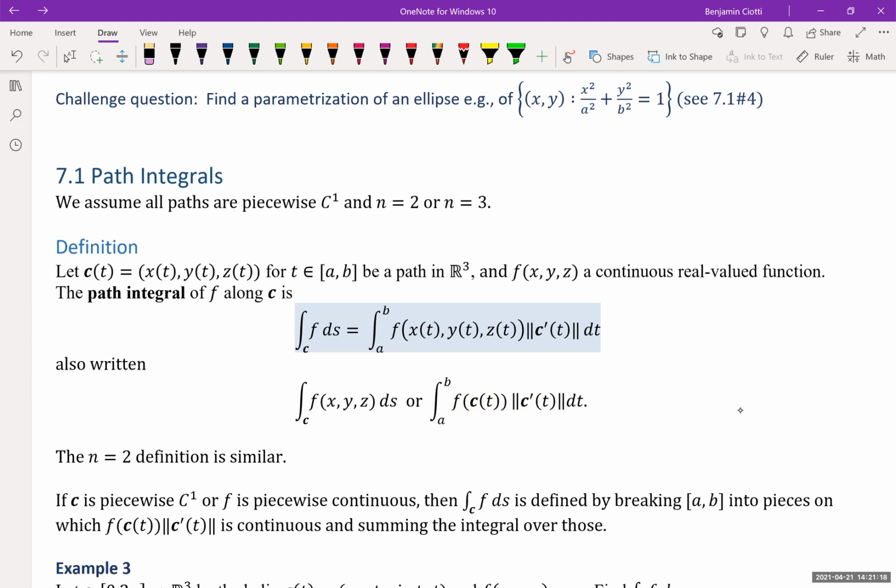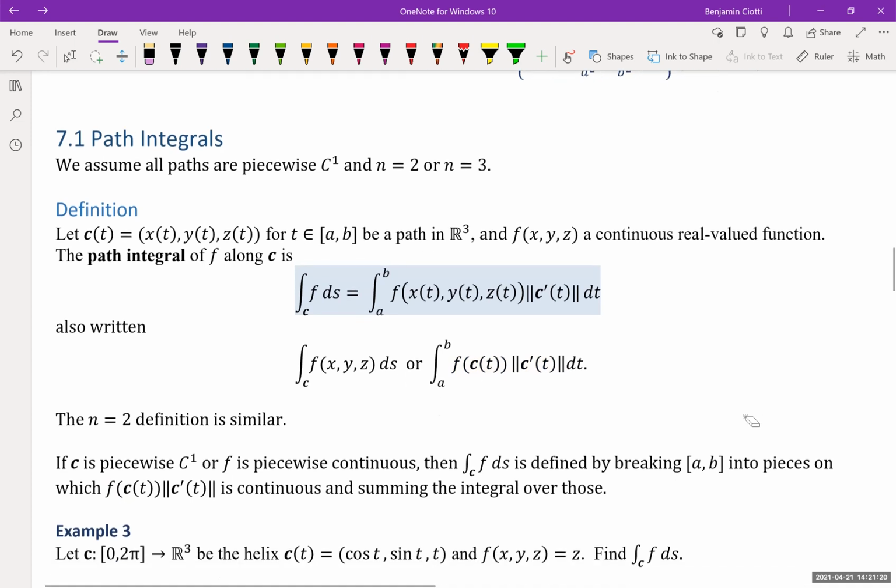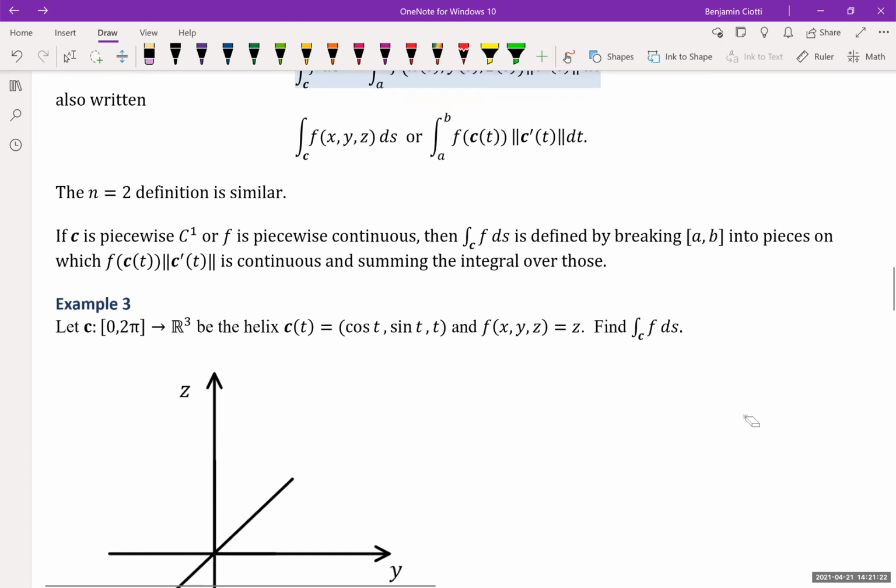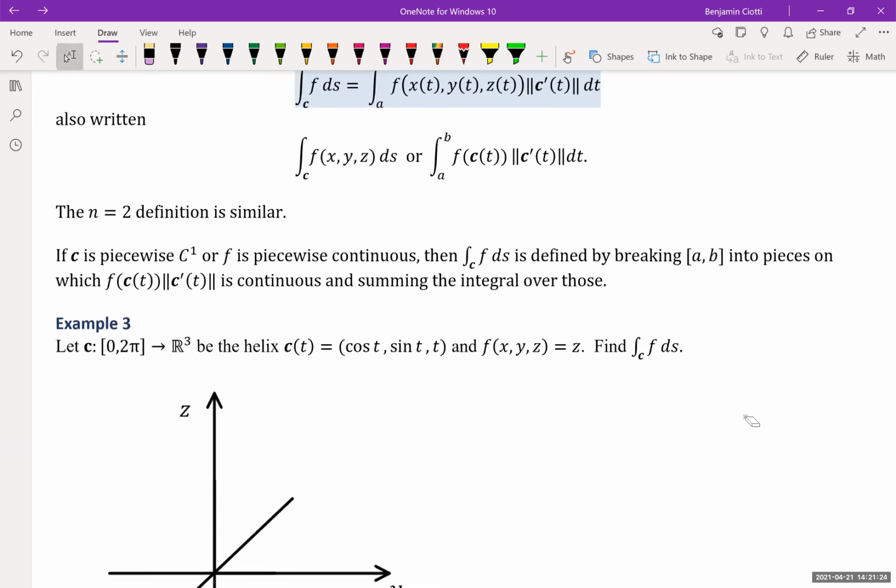Let's just see an example, and it'll probably make a bit more sense. How about the curve given by C of t equals cos t, sine t, t, and f is the function f of x, y, z equals z. So let's integrate this function over this curve.